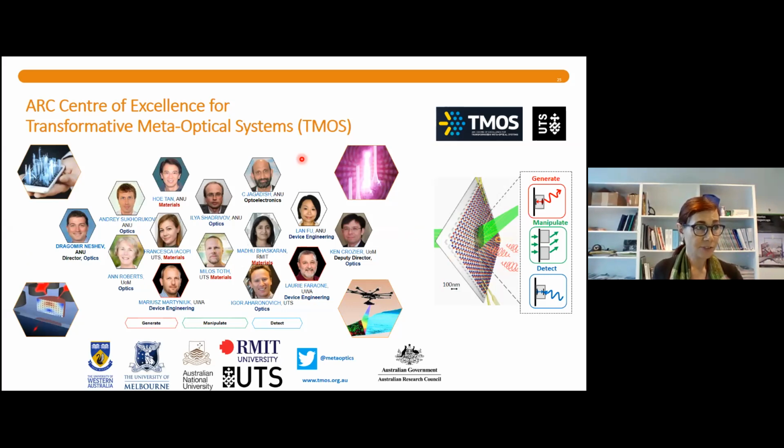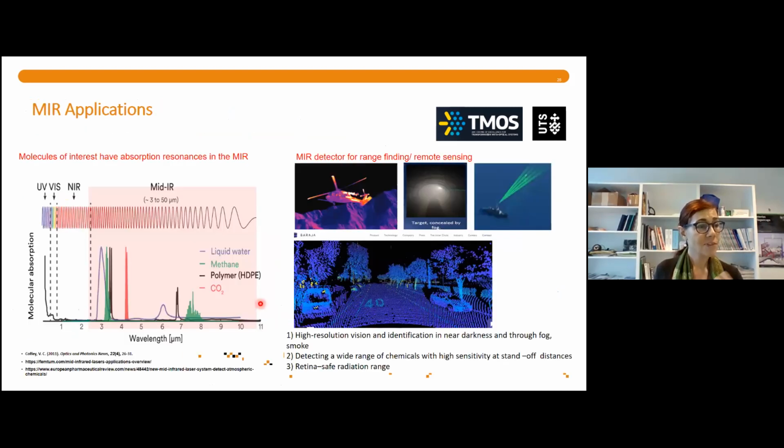It concentrates on meta-optics and metasurfaces, particularly geared at generating, manipulating, modulating, and detecting light in flat, very thin systems.